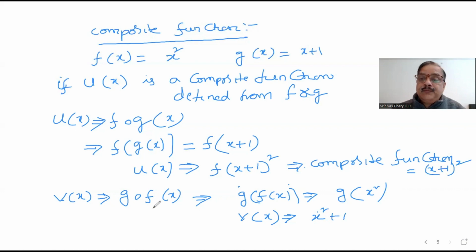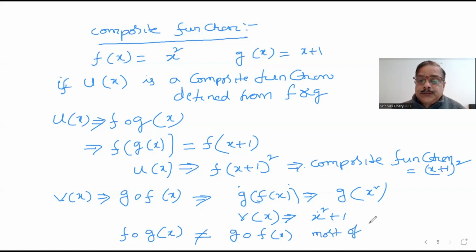When you define it the other way, the inverse side, g circle f, we got x square plus 1. So both are not the same. So f circle g of x is not equal to g circle f of x. Only in a particular condition, like identity functions, if one is the inverse of the other, both may match.